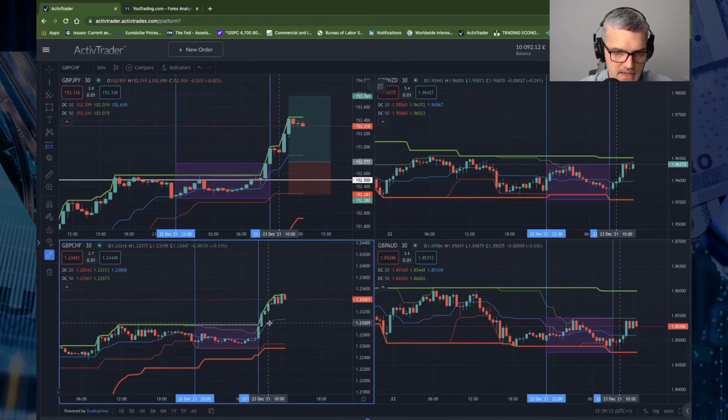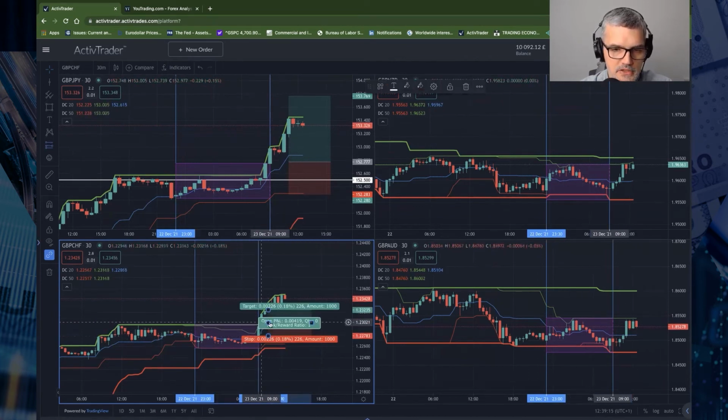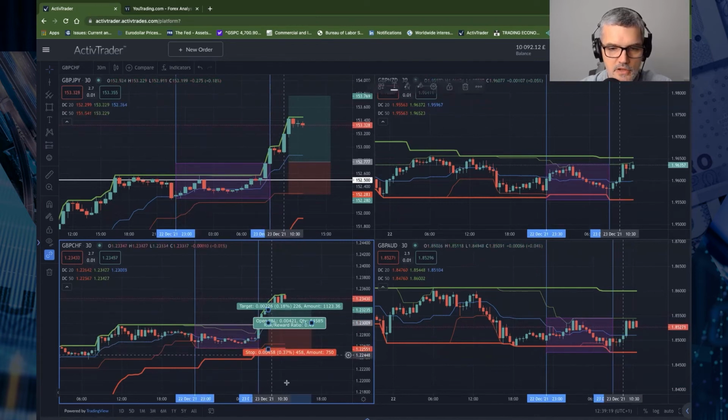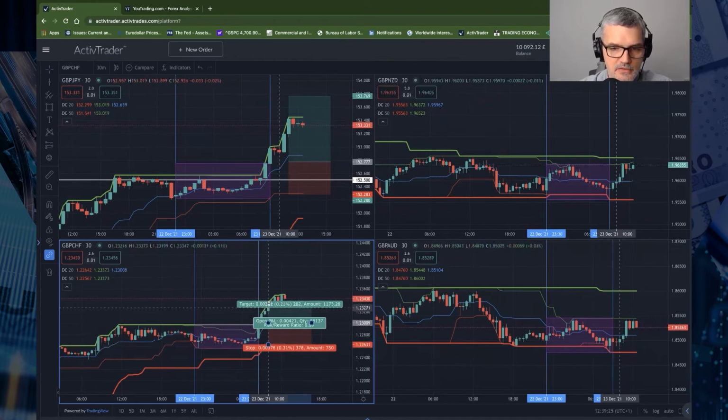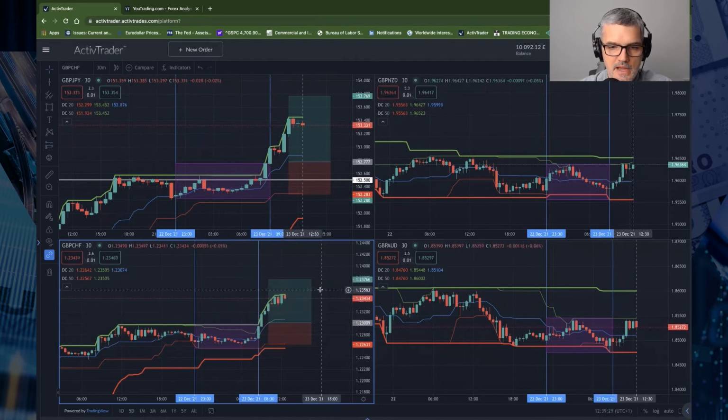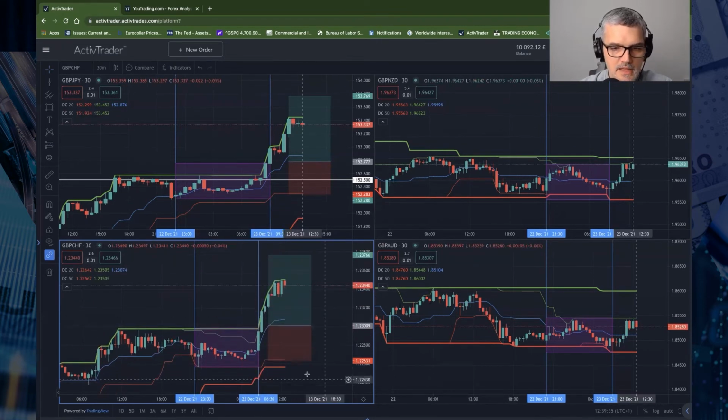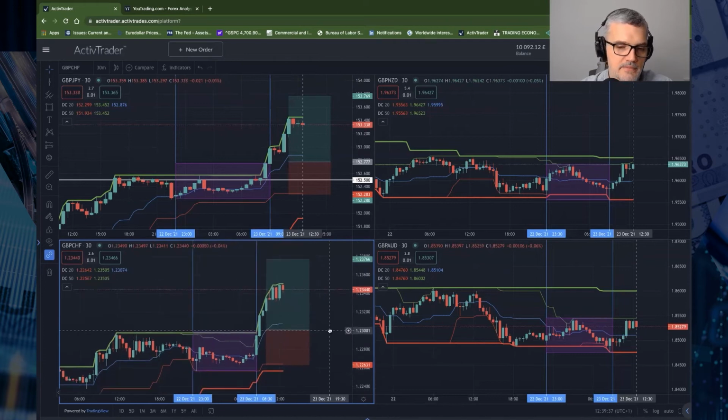But again, if we put our long position just above the Asia-Pac session, we can trail our stop with the red bounds of the Donchian channels here. And then we're just looking for a 1 to 2 risk to reward again. So we're now targeting 1.2376 or 1.238.